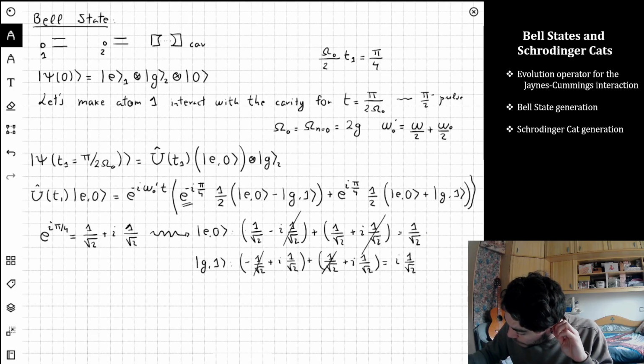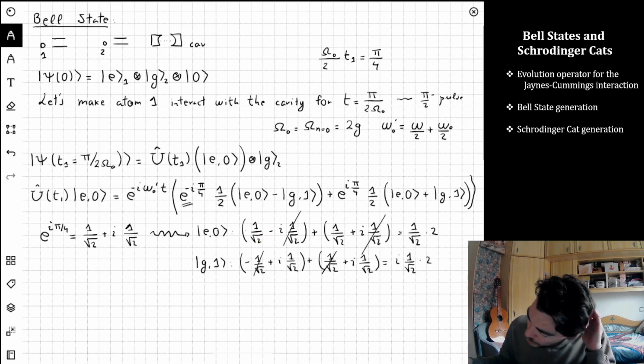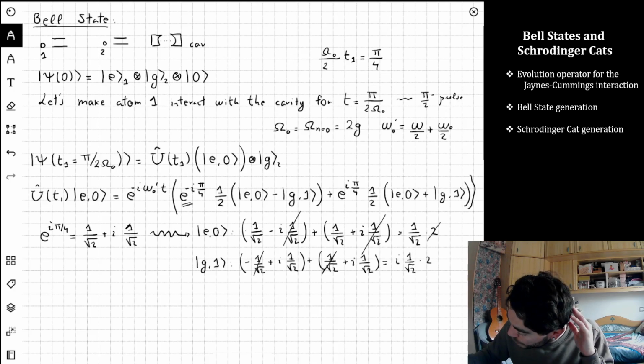Actually, this is times 2, and this is times 2, clearly, because 1 over the square root 2 plus 1 over the square root 2 is 2 over the square root 2, but these 2's are going to go out with the 1/2.